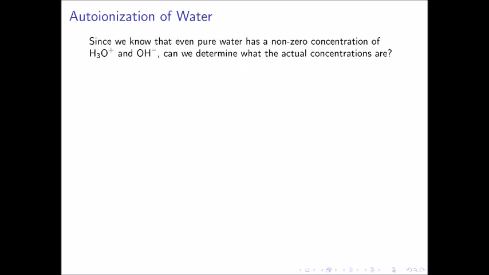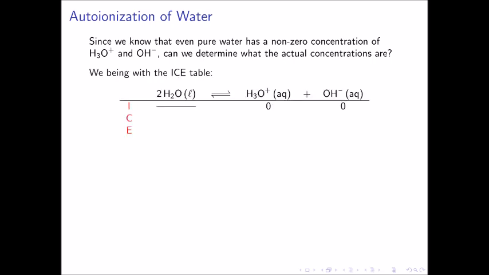Since we know that even pure water has some non-zero concentration of the two ions, are we able to determine what the actual concentrations are? The answer is yes, and we have to use an ICE table as in our previous chapter. We begin with our initial concentrations, noting that we don't include the water because it is a pure liquid.